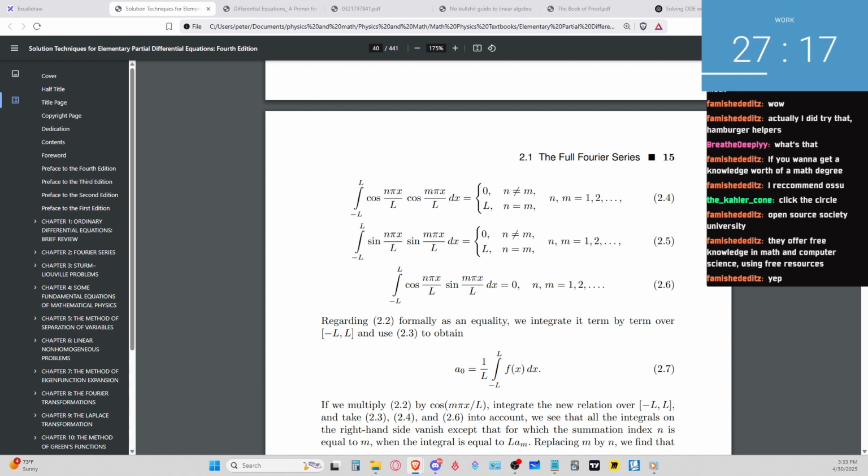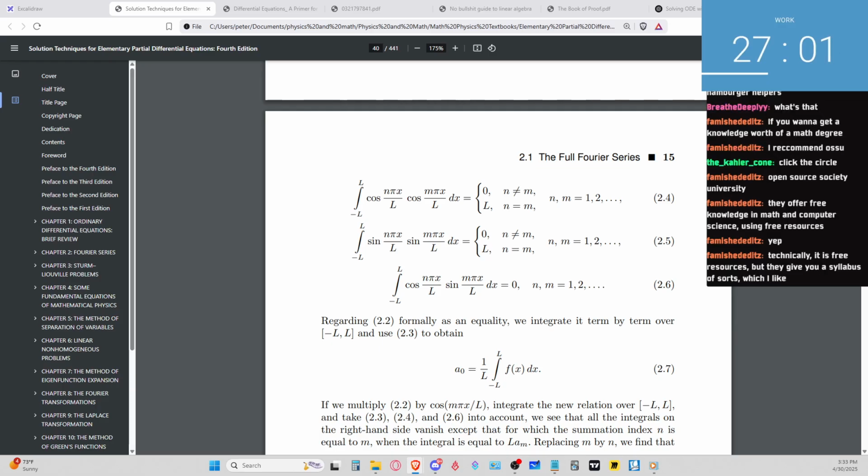When I look at it, it's very intimidating because I'm like, am I supposed to download this or this or that? I know a lot of people that do computer science use GitHub a lot, and I think some mathematicians use it. Technically, it is free resources, but they give you a syllabus of sorts, which I like.